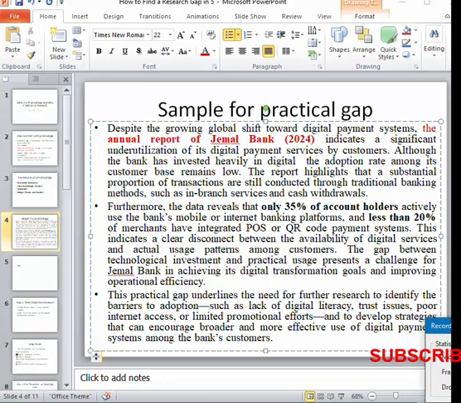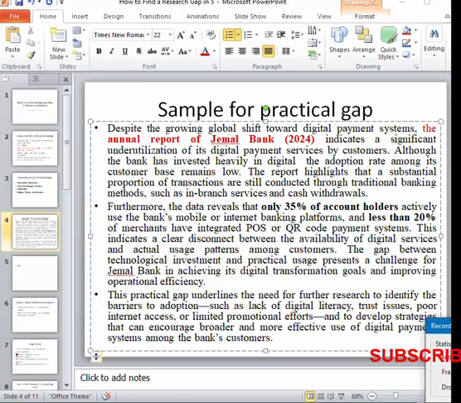And also the report highlights that a substantial portion of transactions are still conducted through traditional banking methods. Customers are still using branch service, cash withdrawal from ATM, and so on. So from this report you can understand that in the real world digital payment system is underutilized.